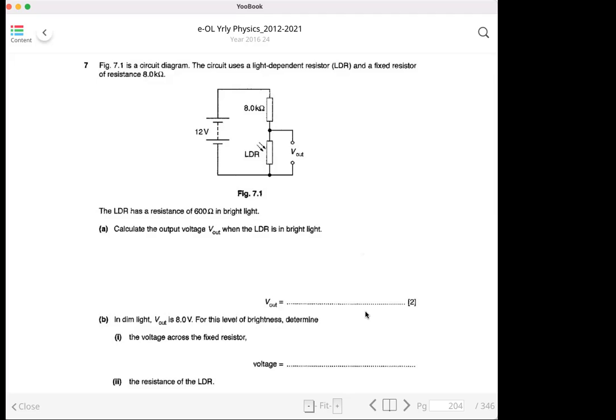Okay, so now this V out is 8 volt. It means that at this bottom point is 0, at this point is 8, at this point is 12 volt. So if I were to place a voltmeter between these 2 points and these 2 points, this will show me 4 volt, this will show me 8 volt. Am I right to say that?